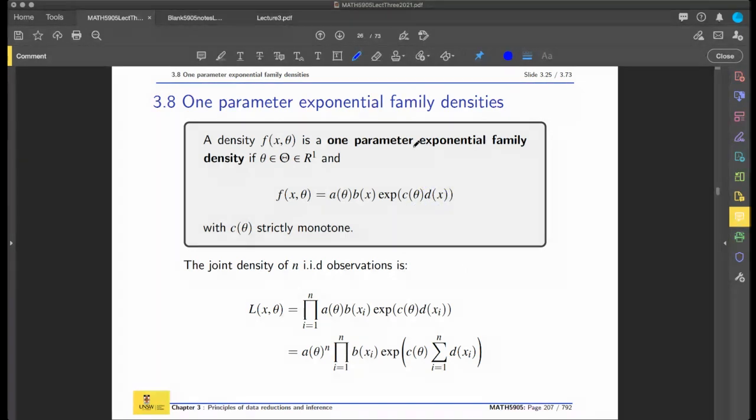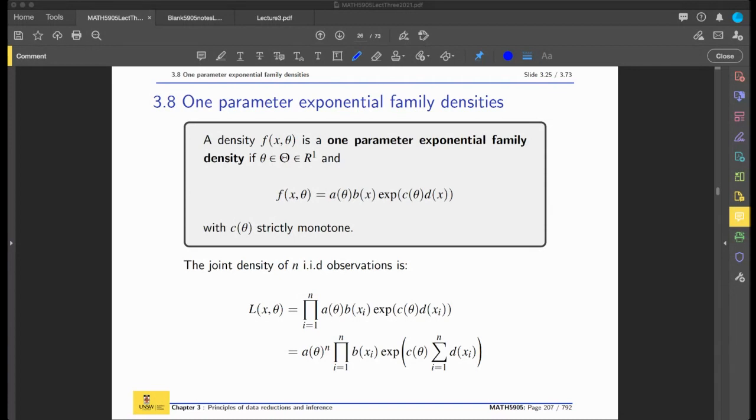If you can write your density into this form, so a function of the parameter times a function of x, and then the exponential of a function of the parameter times a function of x, then we can say it's in the one-parameter exponential family. And then we get a bunch of properties for free. There are different forms for this family. We're just going to stick with this expression for this course, and we won't deviate from it.